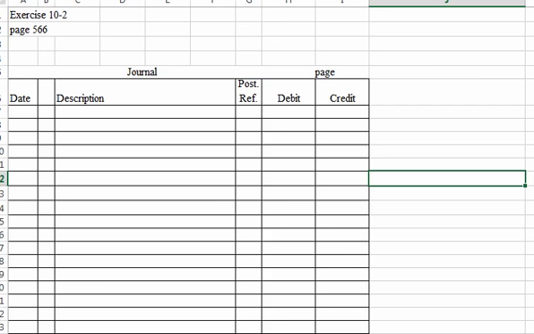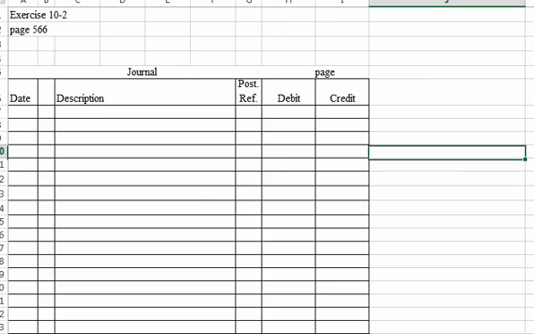The equipment, including sales tax, was purchased on open account with payment due in 30 days. Means they purchased it on account, so we'll use accounts payable there. The other expenditures listed above were paid in cash. Prepare the necessary journal entries to record the above expenditures.